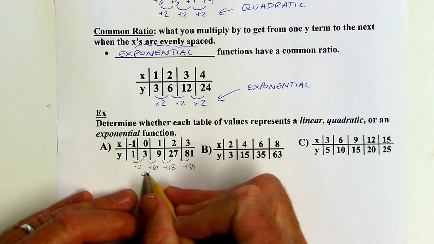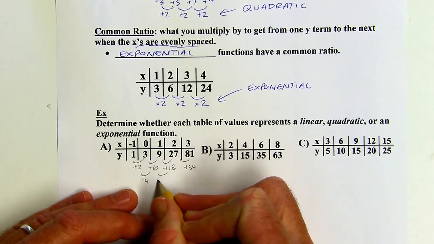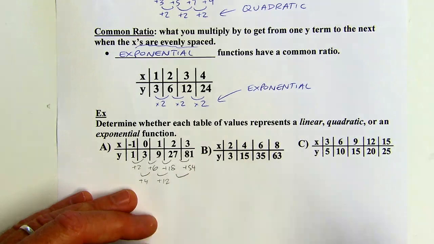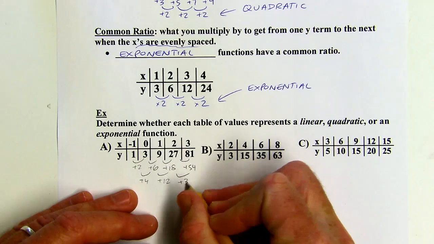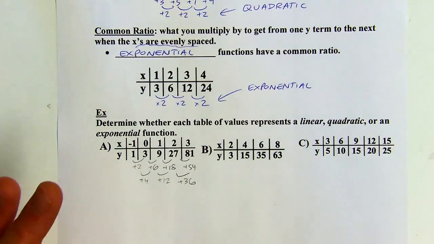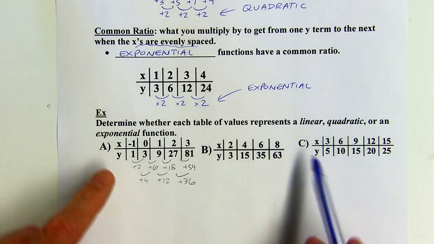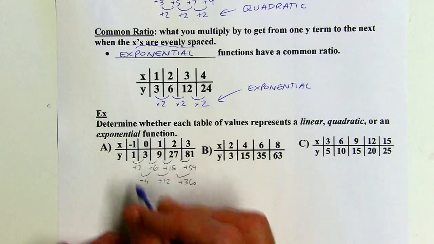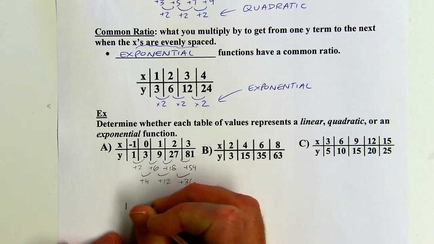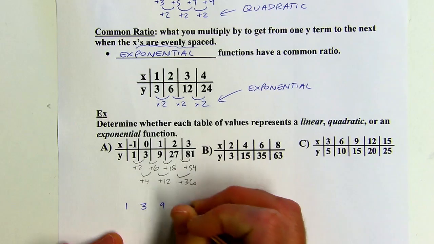Then we can check, is it quadratic? 54 minus 18 gives me 36. So it's not second degree either. It's not quadratic. So I'm thinking it's probably going to be exponential, since those were my only options. But let's test it out. I'm going to rewrite the y's here just because I already wrote underneath them.